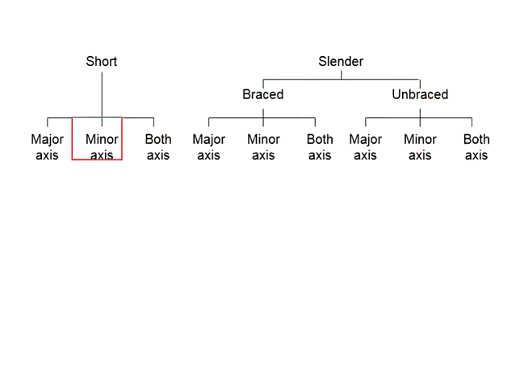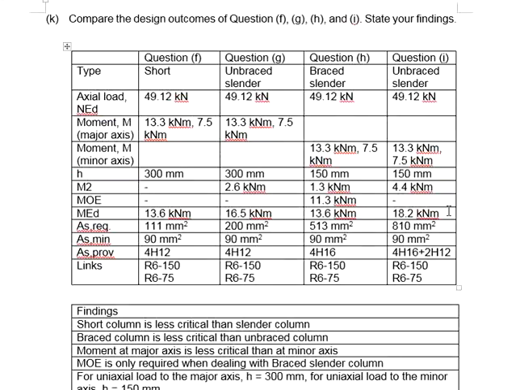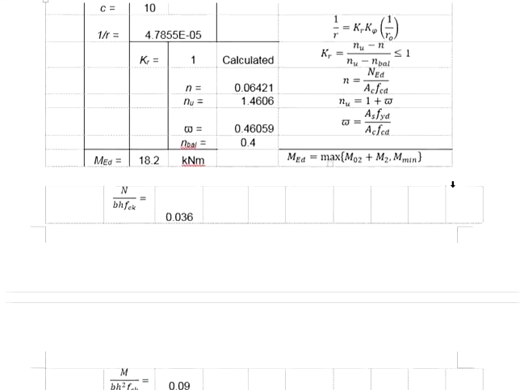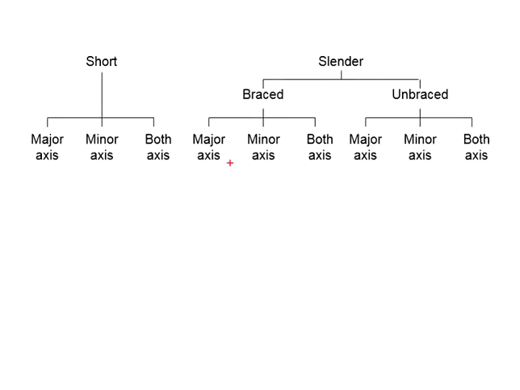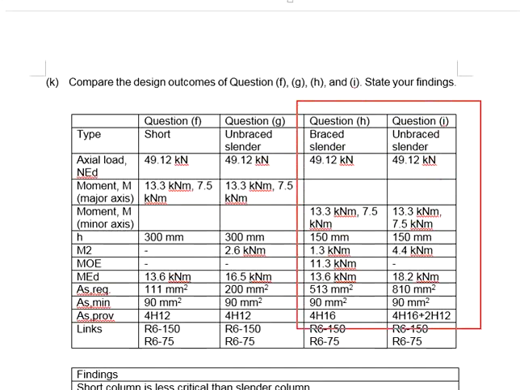Now if the moment is acting on the minor axis, all the equations with h shall be taken as the smaller dimension of the column, which in the case here, h will be equal to 150.